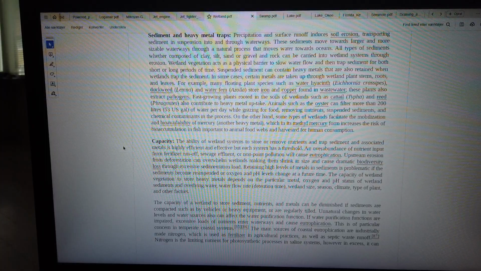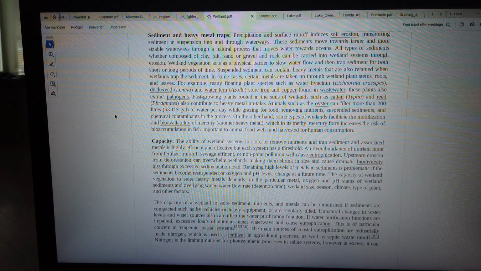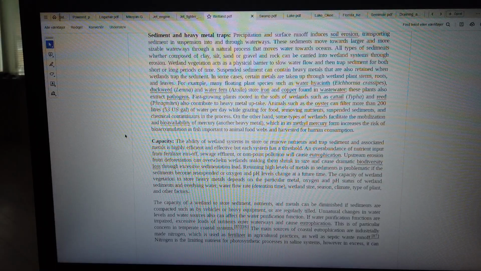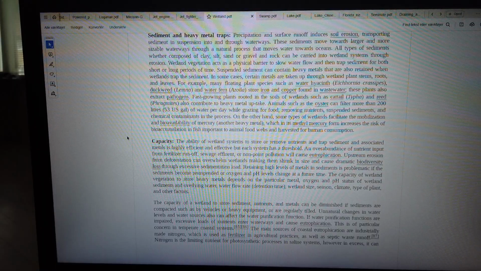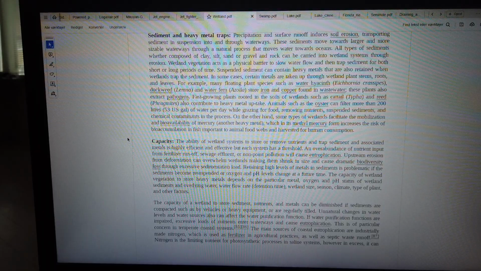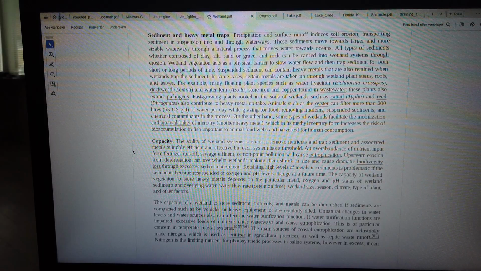Retaining high levels of metals in sediments is problematic if these sediments become resuspended or oxygen and pH levels change at a future time. The capacity of wetland vegetation to store heavy metals depends on the particular metal, oxygen and pH status of wetland sediments and overlying water, water flow rate, detention time, wetland size, season, climate, type of plant and other factors.